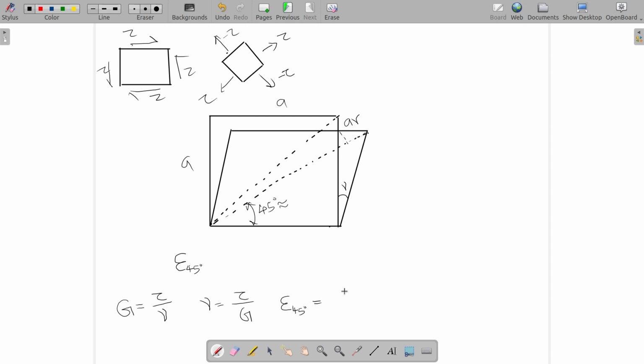So that component can actually be written as tau by 2G, because tau by G is the shear strain, and the component in the strain tensor will be half of that.